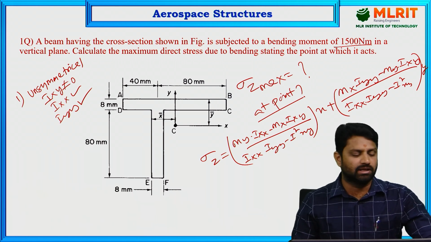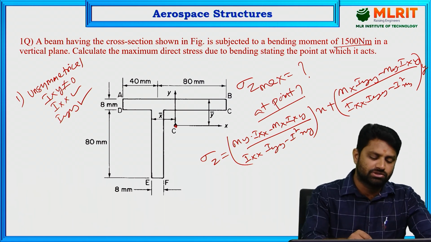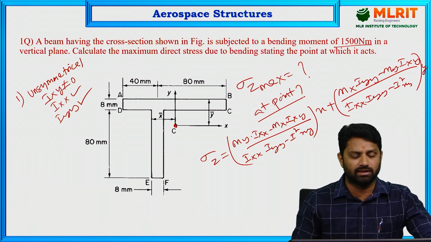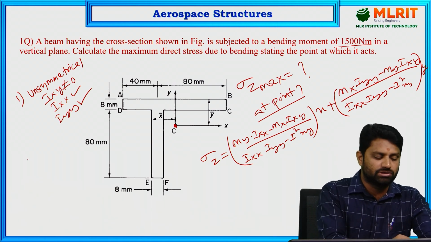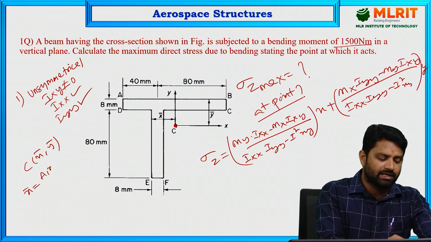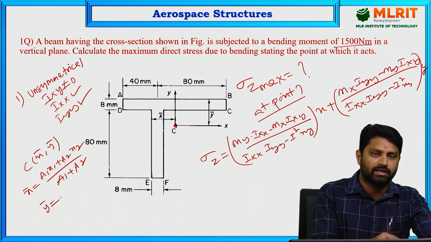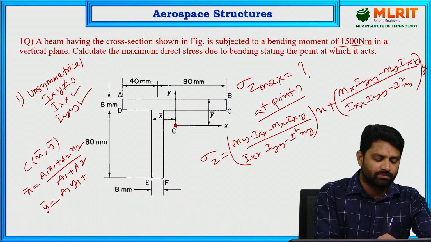To calculate the moment of inertia, we should know the position of the centroid. In the diagram the position of the centroid is shown here, but you need to calculate it properly. The centroid C is x bar, y bar, and the formula for x bar is a1 x1 plus a2 x2 divided by a1 plus a2, and for y bar, a1 y1 plus a2 y2 divided by a1 plus a2.